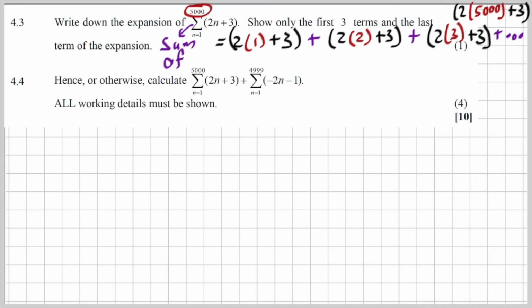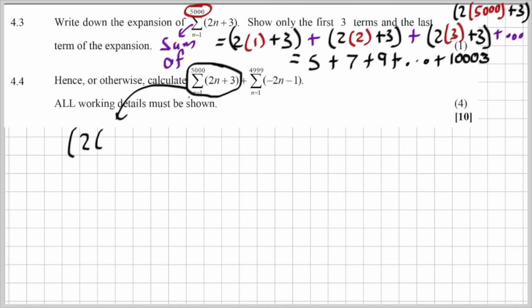But let's write out the first 3 terms: 5, 7, and 9, all the way up to 10,003. Interesting, don't you see that that's exactly the same pattern that was given right at the beginning? So actually, this is just a normal S_n formula.